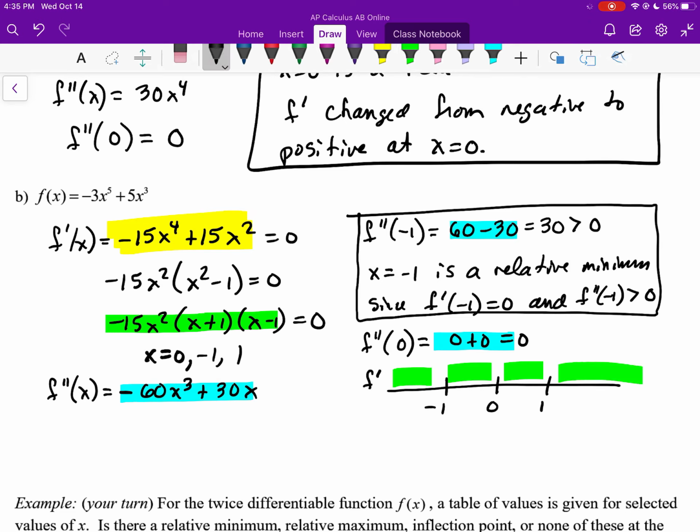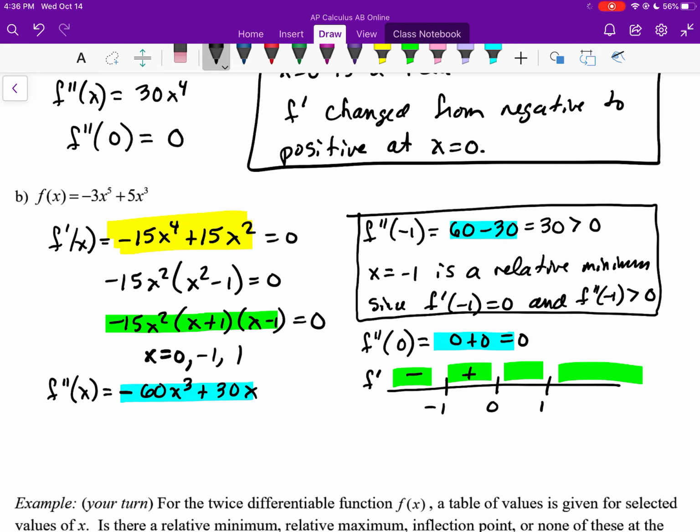If I plug in a number like negative 2, the negative 15x squared will be negative, the x plus 1 will be negative, the x minus 1 will be negative, and if you have 3 negatives, you're going to get negative. If you plug in a number between negative 1 and 0, like negative a half, the negative 15x squared will be negative, the x plus 1 will be positive, the x minus 1 will be negative. We have 2 negatives, meaning it's going to be positive.